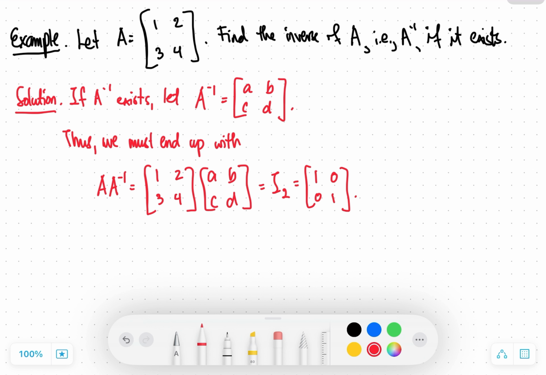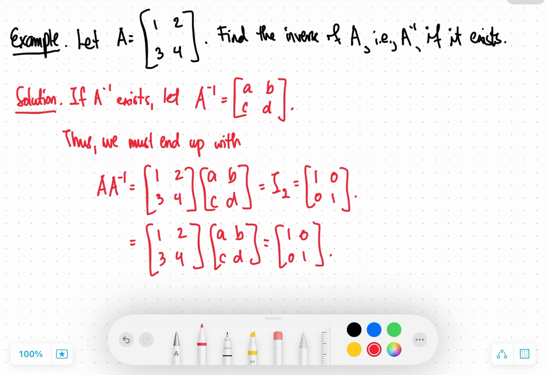Putting this to our advantage to find the value of A inverse, this would look like 1, 2, 3, 4 multiplied by a, b, c, d, which should look like 1, 0, 0, 1.